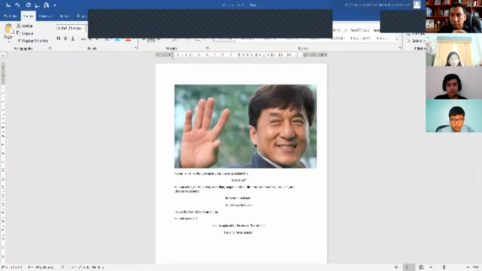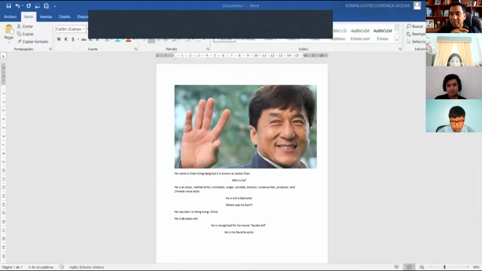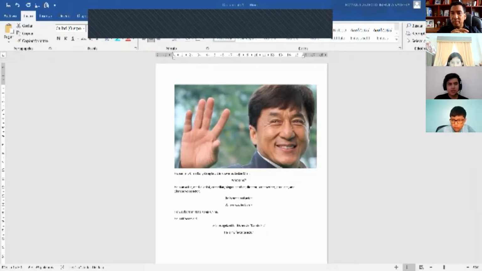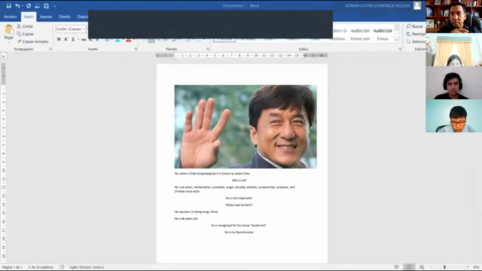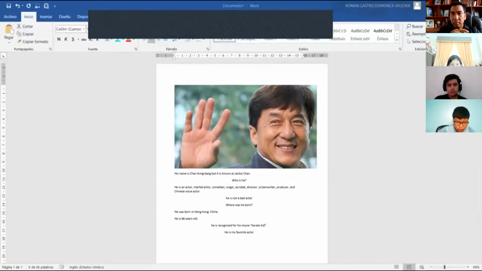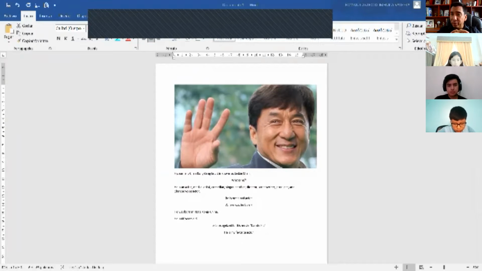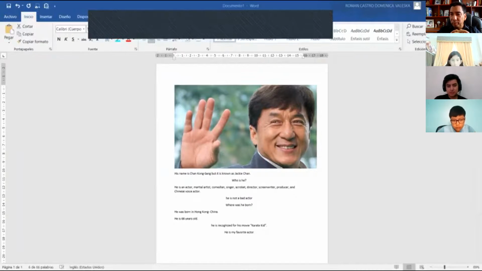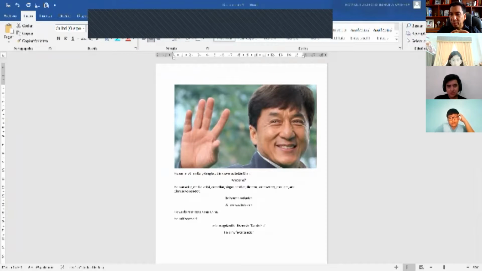His name is Chan Kong-sang, but is not as Jackie Chan. Who is he? He is an actor, martial artist, singer, director, screenwriter, producer, and China's voice actor. He is not a bad actor. Where was he born?